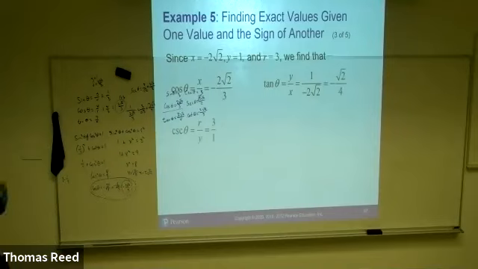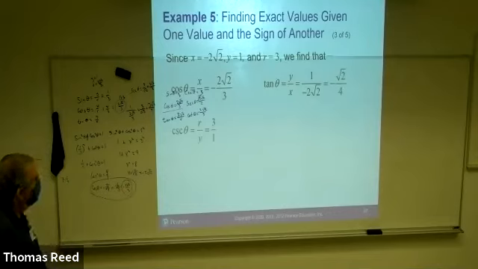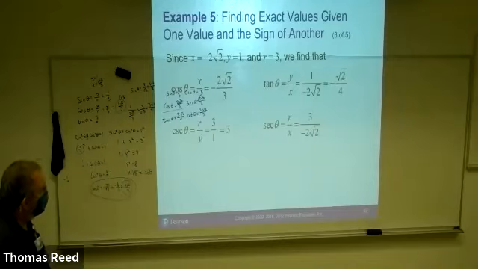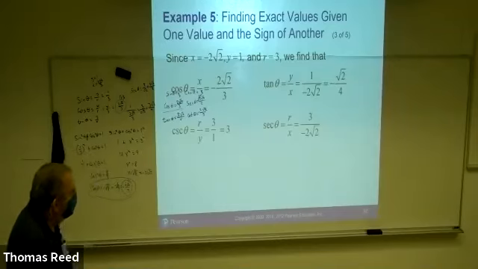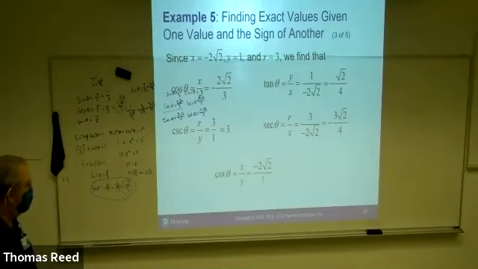Cosecant is flipping the sine. Sine was 1/3, so cosecant is going to be 3. The secant is flipping the cosine, and then rationalizing the denominator. And cotangent is the reciprocal of tangent, or the x over the y. So where did I get the 3? Why did the 3 go? Oh, cotangent.